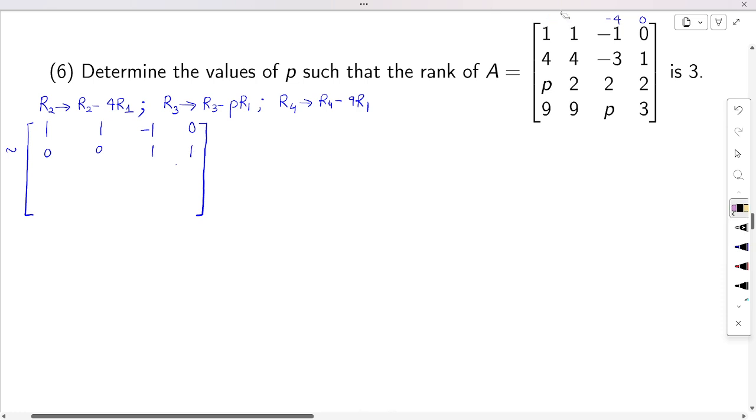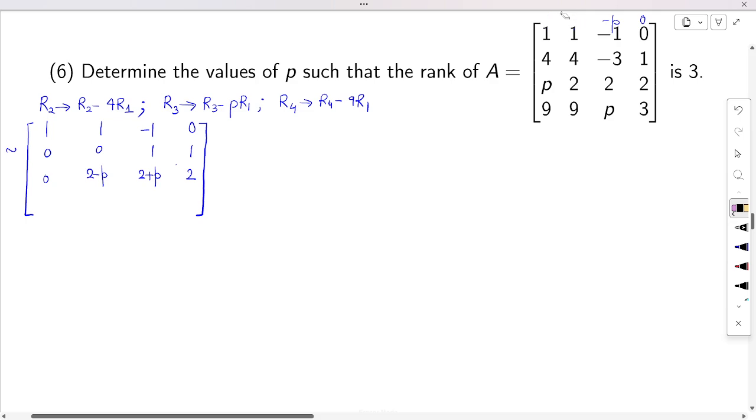Then multiply the row 1 by p, this becomes p, p, minus p and 0, and subtract from row 3, it becomes p minus p, 0, 2 minus p, 2 plus p and 2 minus 0, it's 2.